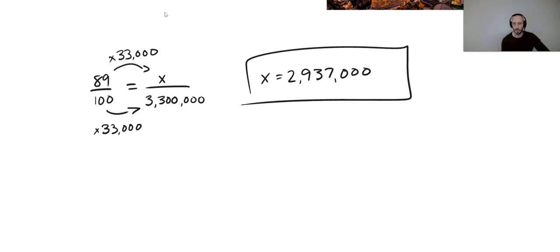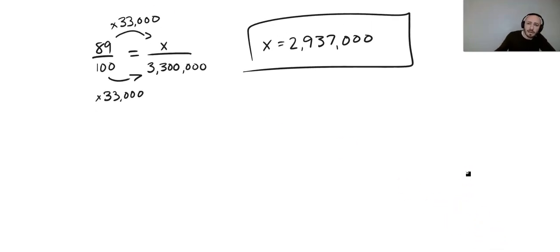Now, there is a quicker way to do this. And I'll show you that right now. So I know that 89% of my sample were expats. So instead of writing that as a fraction, I could write that as a decimal. I could write 0.89. That's how I would write a percentage as a decimal.